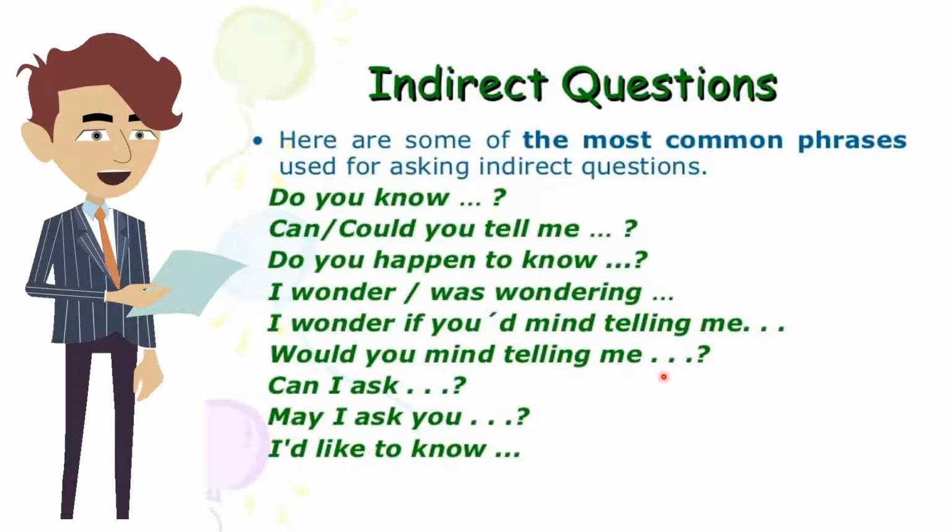Would you mind telling me? Can I ask? May I ask you? I'd like to know. So the expressions after this are the questions, but the questions are in statement form, in positive expressions.